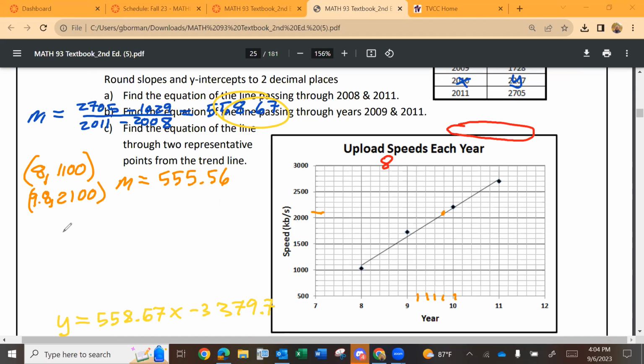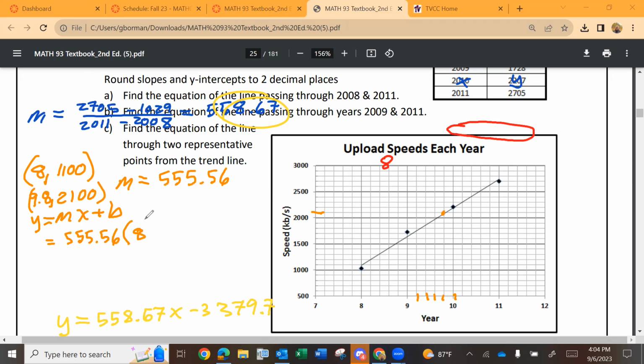Then we need the y-intercept. I'm working with straight lines, so that's y equals mx plus b. I'll plug in the slope for m. And for x, I'll just take that first point.